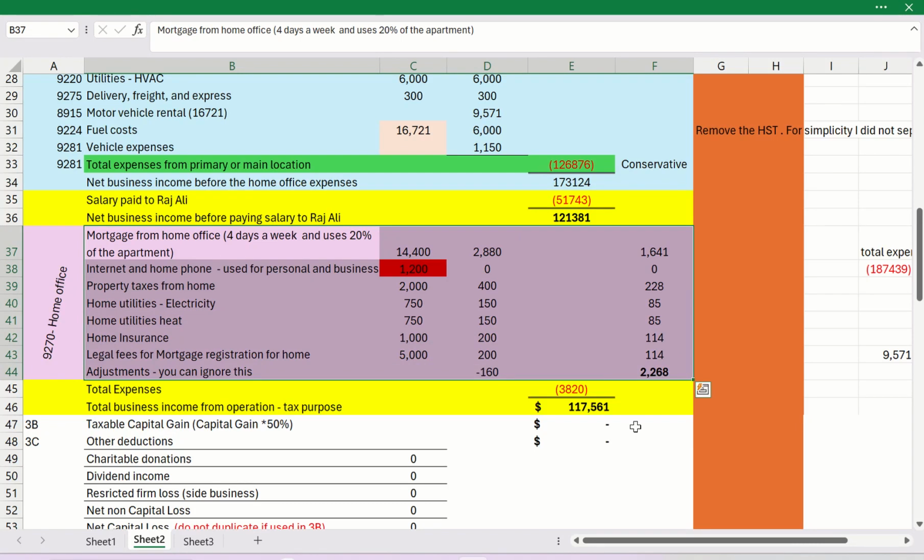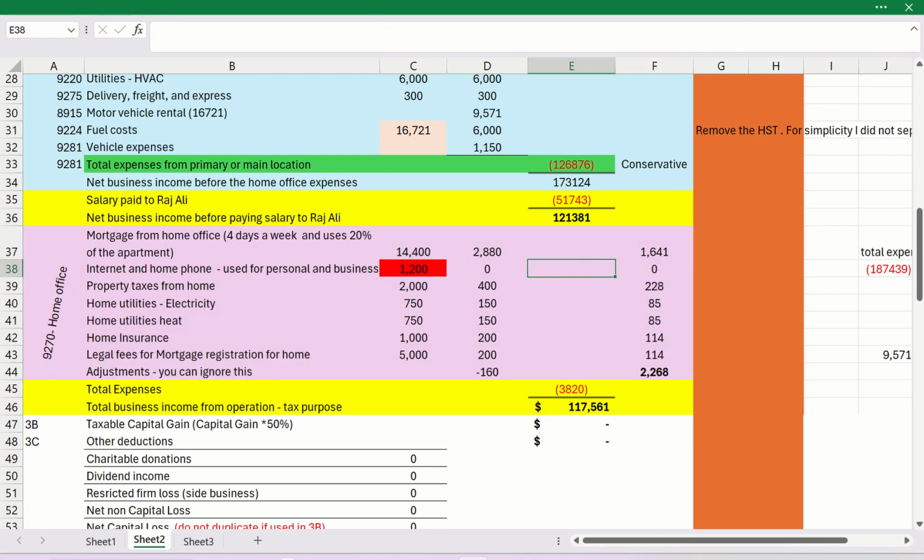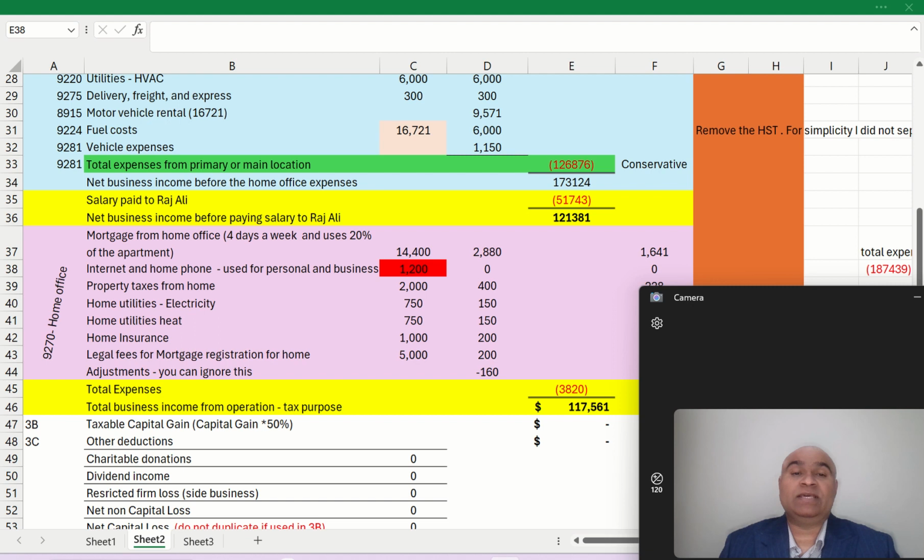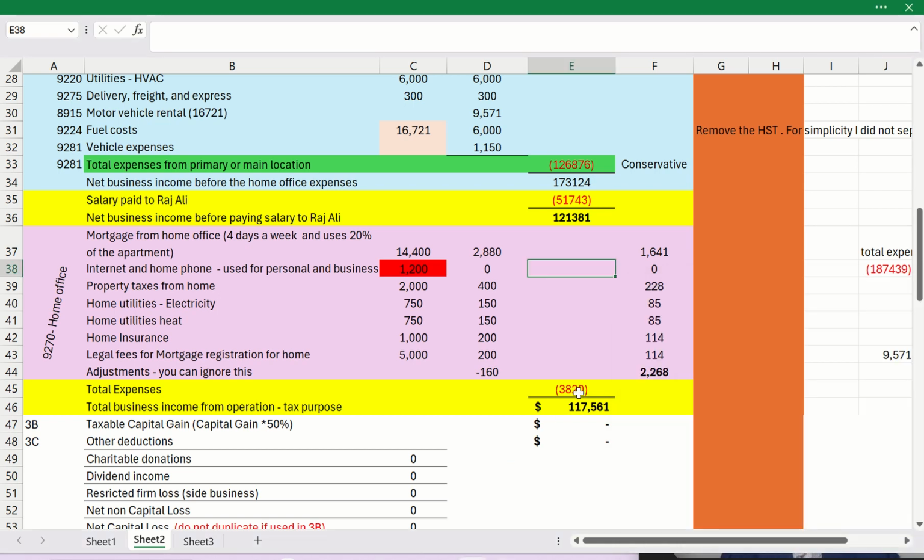I also showed you the mortgage and the home office expense as well. He can claim it, but he has to make sure that the area is kept segregated, and that he truly meets the criteria for claiming those expenses. The lawyer, the professional, the doctor, whoever the professional is.